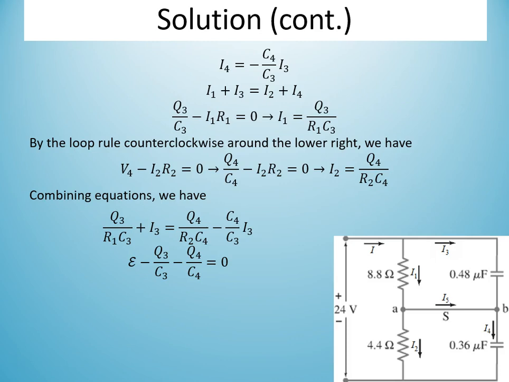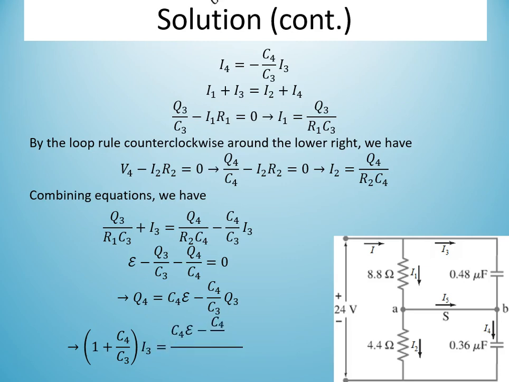We're going to isolate for our charge Q4 using that original equation from this big overall loop rule. So we're going to move this Q4 over C4 over to the other side, and then multiply both sides by C4. So that's where this C4E comes from, and also where we get a C4 in the numerator right here.